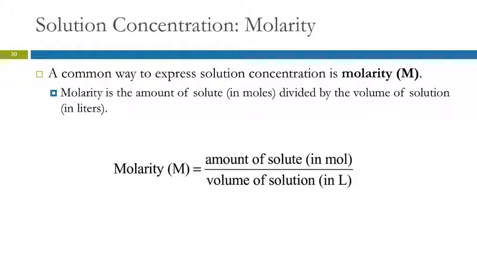And this is something we need to know to do the calculations in today's lab, right? You should have seen this in your prereq for this class. So it's the amount of solute. In our example with the salt water, it would be the mass of the salt converted into moles, divided by the volume of the whole solution. That makes sense?